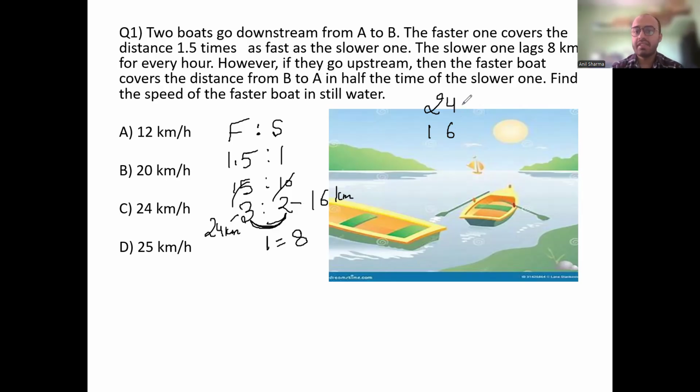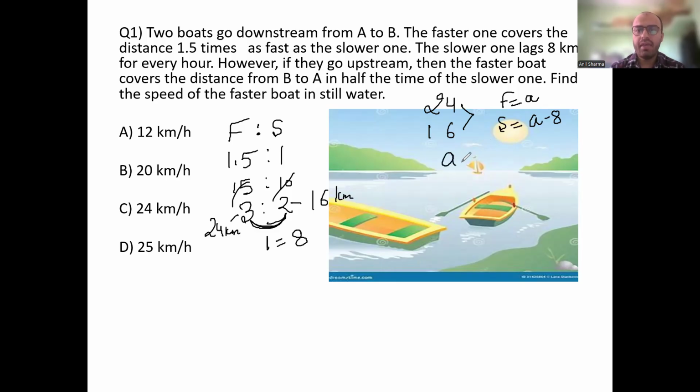So that means, guys, in downstream, what is happening? We are adding both the speeds. So let the speed of the faster boat be A, so the slower boat is A minus 8. That we can consider, right?